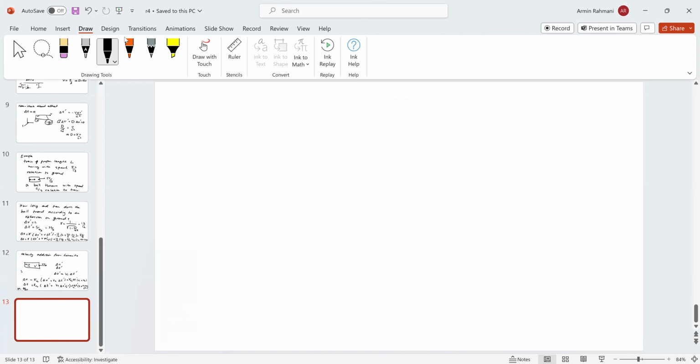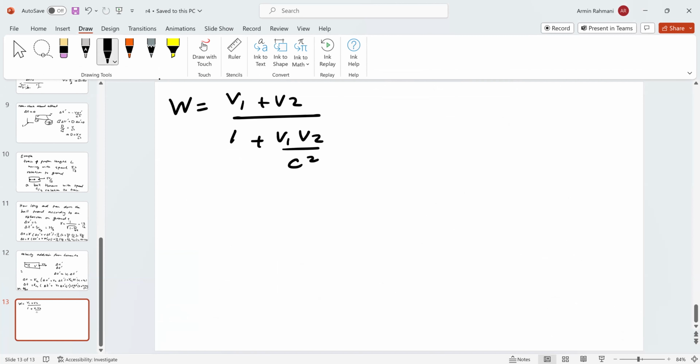So we find W, or whatever we want to call that velocity, is V1 plus V2 over 1 plus V1 V2 over C squared. So that's kind of nice. We see when the velocities are much smaller than C, this thing V1 V2 over C squared can be neglected. So we recover the Galilean result for the addition of velocities.